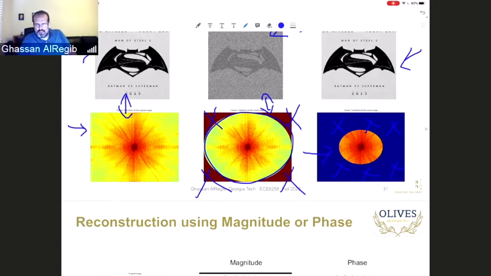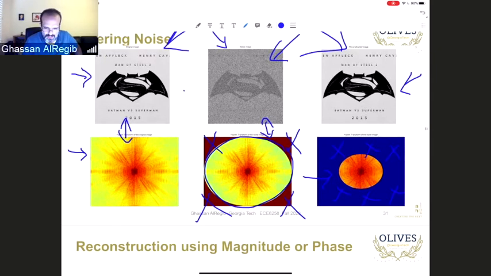I don't think this is the, we added noise here. This is not the transform of that one. I don't believe so.